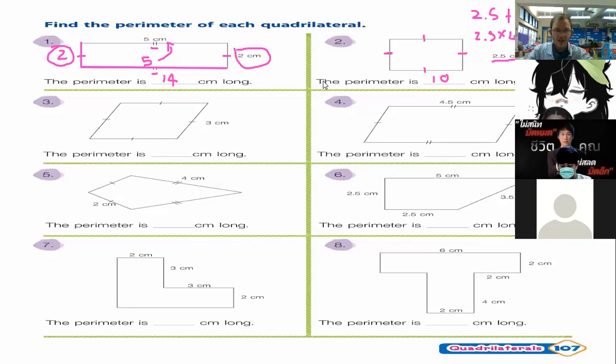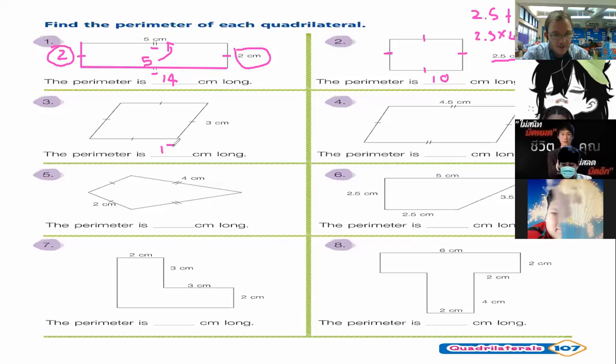Okay. The next one is the rhombus. So how does the rhombus work? Well, the good thing is with perimeter, we don't care. Quickly, let's explain. The rhombus, we don't have to worry. Yeah, 12. Okay, it's 12 here. Yes.